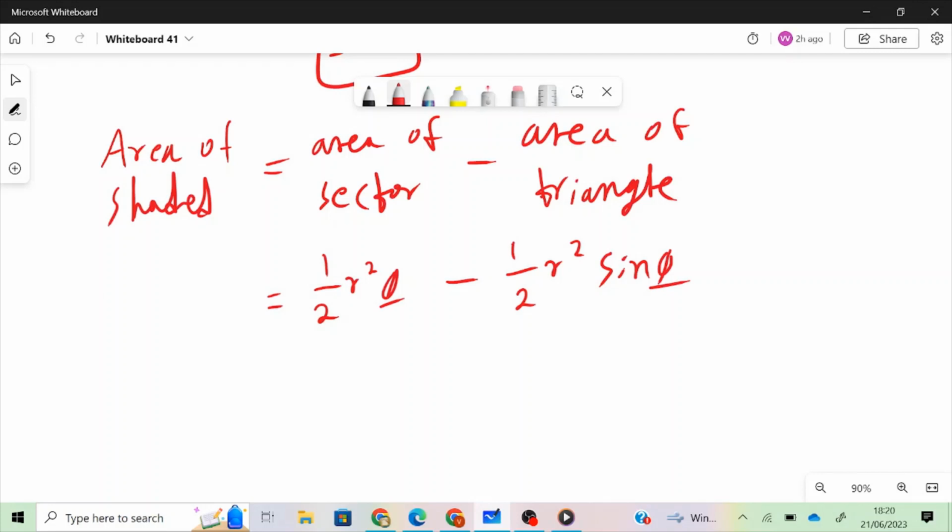So what we'll now have is something like equals to half r squared into 2 alpha minus half r squared sine alpha. Yeah. You can leave your answer like this.